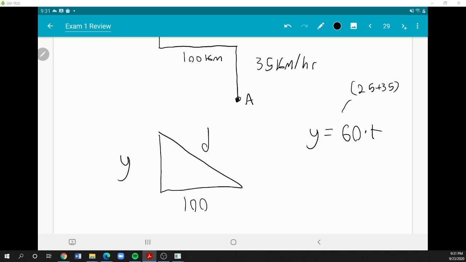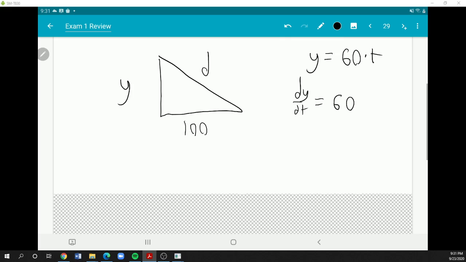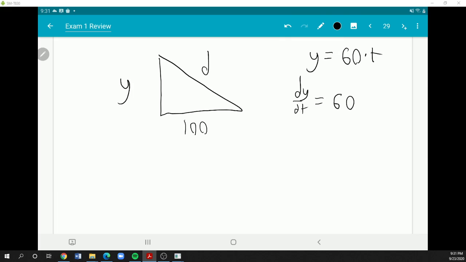Because the vertical distance between them is going to be increasing that much. So I need to see how are all these related. Well, actually, first I need to say dy/dt is equal to 60. That's what I just explained. They're moving apart to the tune of 60 kilometers per hour.